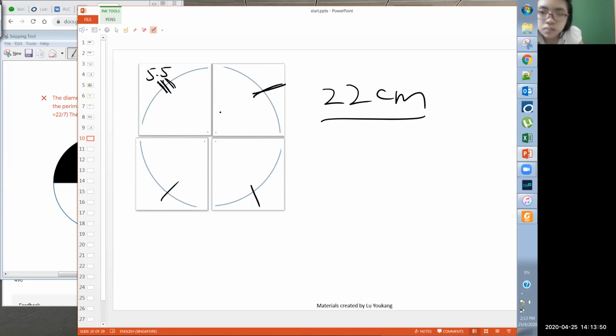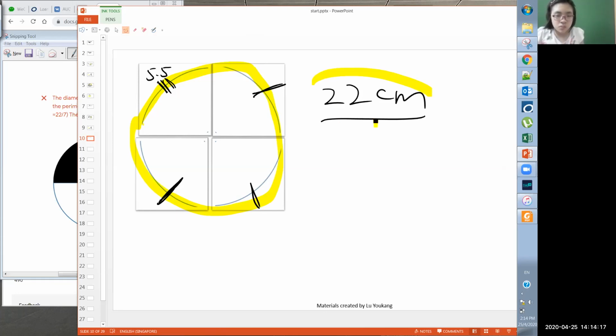So how do you find this three part? The entire circle is 22, right? Then this part is 5.5. Then what is the rest?